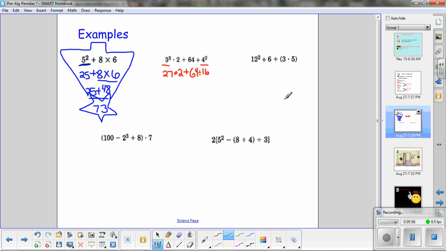All right, now next up, after we have looked for parentheses and exponents, now we need to move on to multiplication and division from left to right. So we're going to do the multiplication and the division from left to right. 27 times 2 is going to be 54.